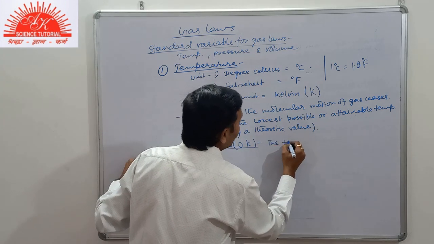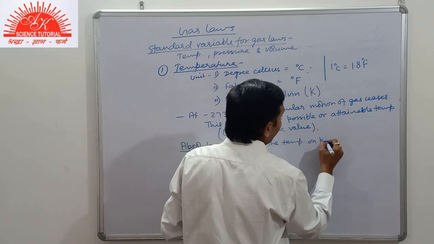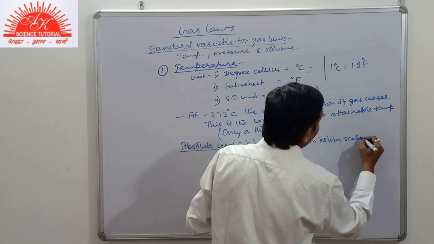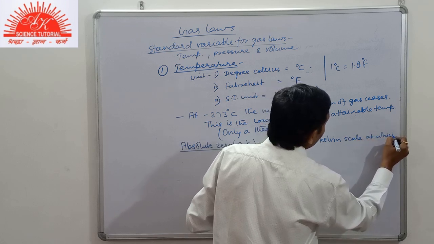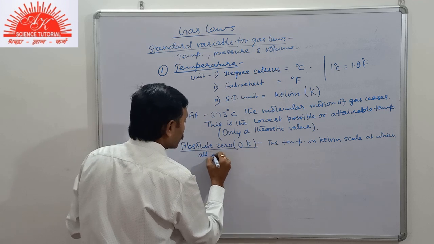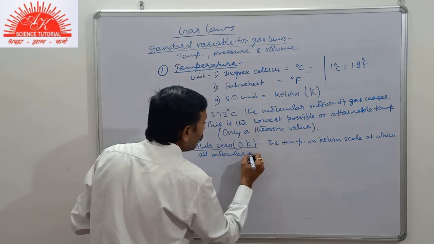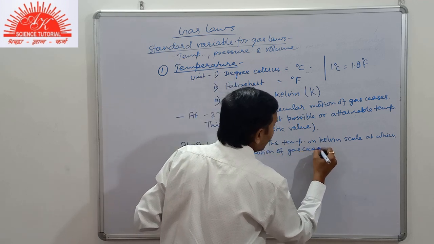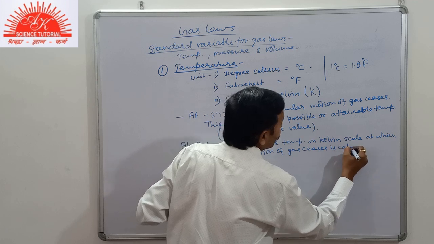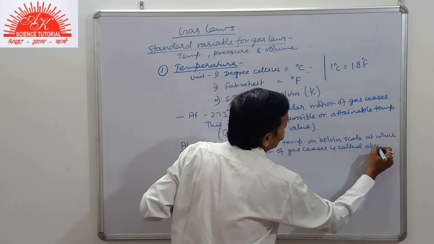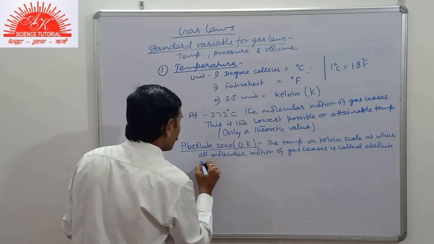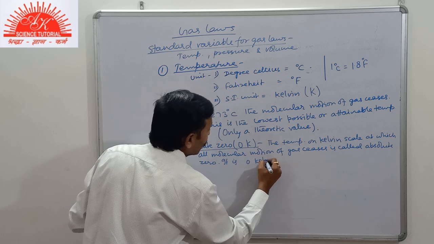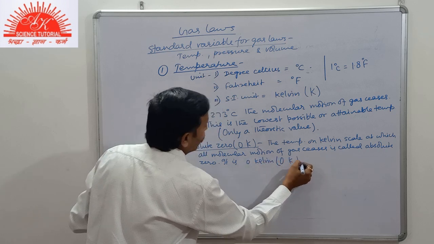The temperature on the Kelvin scale at which all the molecular motion of gas ceases is called absolute zero. It is 0 Kelvin or 0 K.